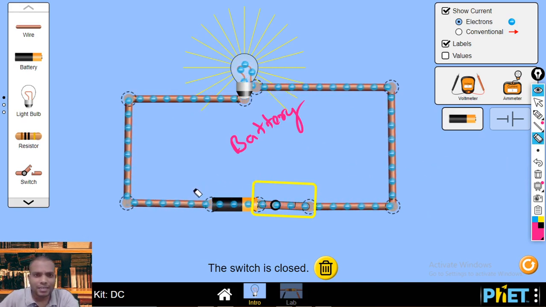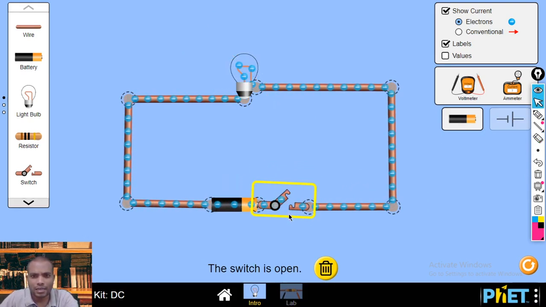How do we define current? The rate of flow of charge. Suppose I disconnect again here, now the electrons stop moving. Even though the cell is connected and the wires have electrons, the electrons are still not moving. Why? Because the circuit is disconnected.